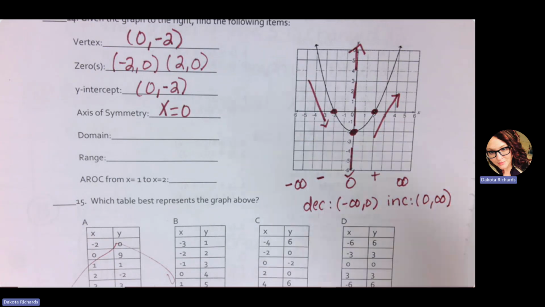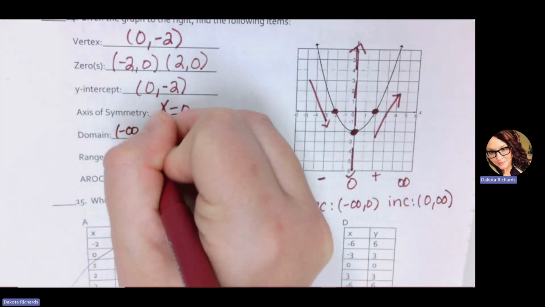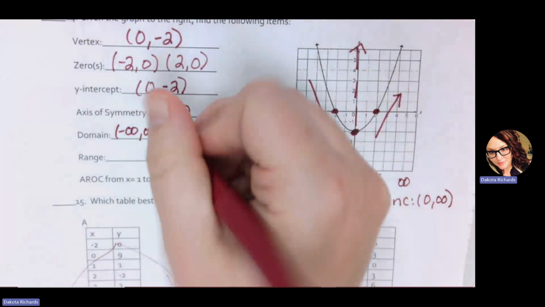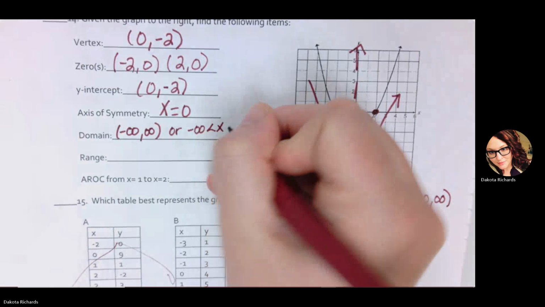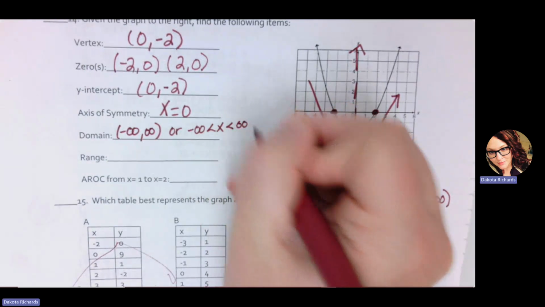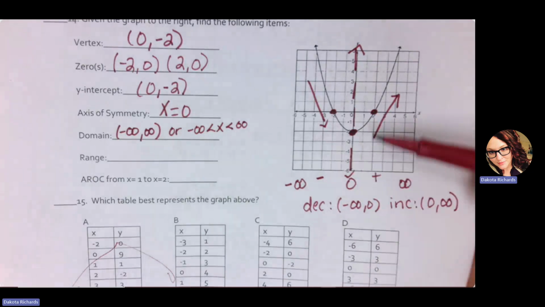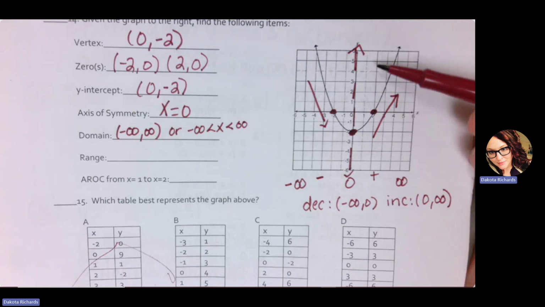Sorry about the interruption. The domain's always all real numbers, -infinity to infinity. You might see it in interval notation. You might see it in set notation, which is this. It's just saying your domain is between -infinity and infinity. The range, you read the graph from bottom to top, so we are starting at -2 and going up.